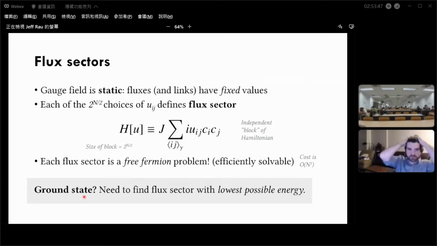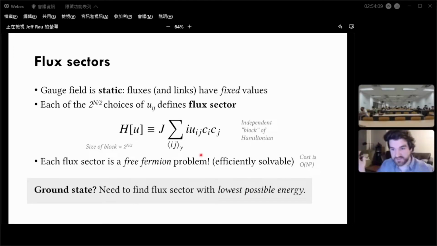Okay, so we have a gauge field, but it's static. They all commute with the Hamiltonian. They don't change. And so the fluxes and these link variables all have fixed values, right? So for each choice of these link variables, we have a Hamiltonian that just involves these C's, and thankfully, it's just a free Majorana Hamiltonian, which we can just diagonalize.